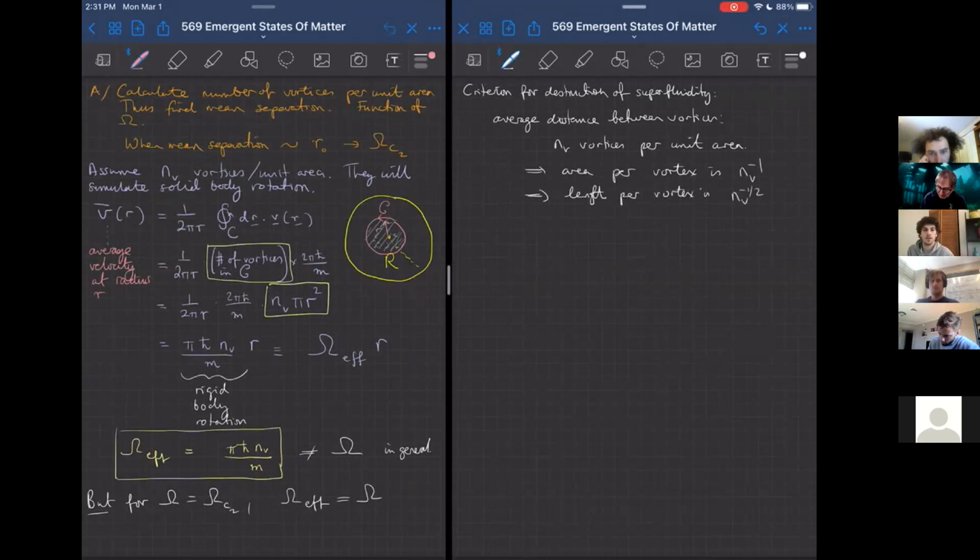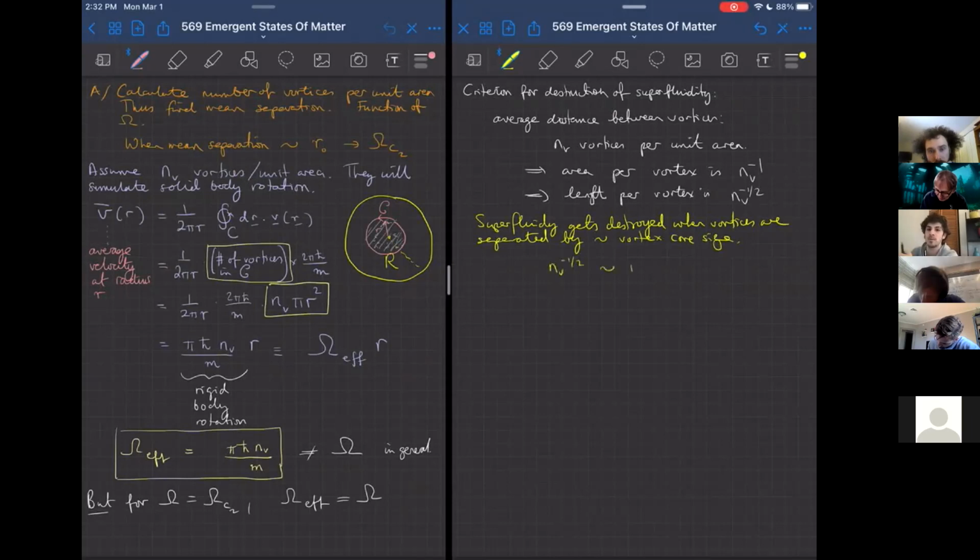So therefore, my criterion is that superfluidity gets destroyed when the vortices are separated by something like the vortex core size. So that means, in other words, NV to the -1/2 is of order R0.